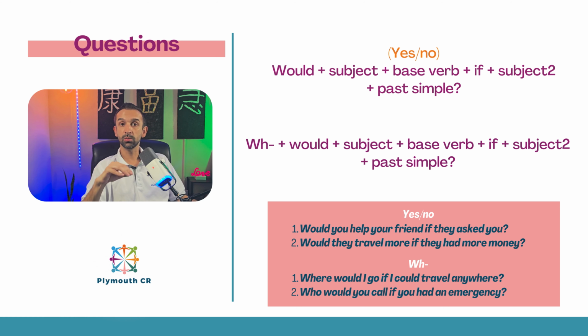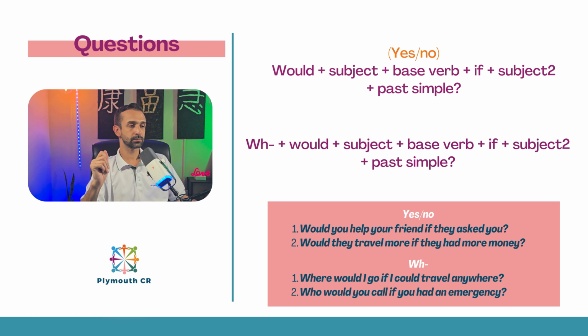Then we have the WH. Remember that most of the time it is going to be the same structure of the yes/no question, but we just have to add the WH at the beginning. There are some exceptions, like when we use who, because when we use who, we don't have a subject in the sentence, right? Because we're asking for the subject.